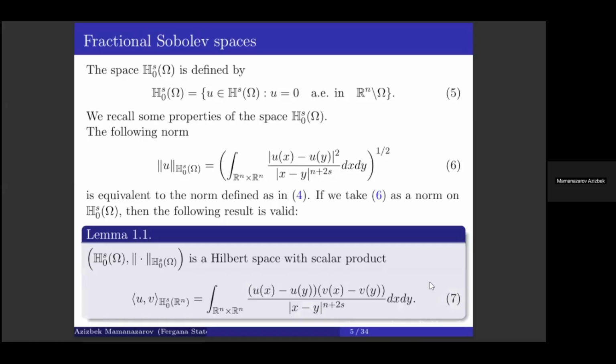With the help of these Sobolev spaces, we can introduce H0^S of omega as follows, using formula 5. And then the norm 6 is equivalent to the norm defined by formula 4. We have the following fact for these spaces: if we introduce the scalar product in the following form, then this space will be a Hilbert space.